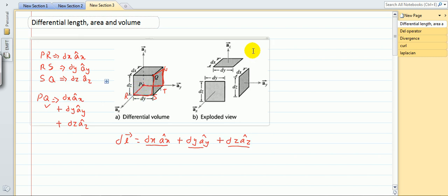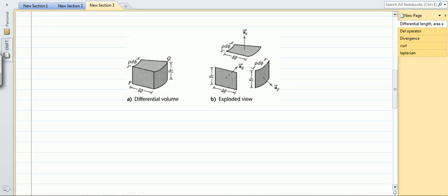Okay, so this is the differential length in the rectangular coordinate system. Now if I talk about the cylindrical coordinate system, if I take this point as P and this point as Q, then the differential length will be this d rho, and this differential length is nothing but this rho d phi, and this is dz.